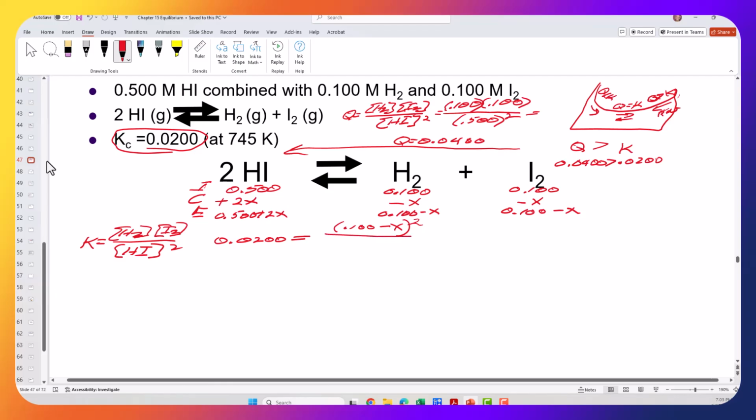And then for my denominator, I've got 0.500 plus 2x, and again I have to square that. Well, this is a perfect square algebraically, and so we can get rid of the square by simply taking the square root of both sides.